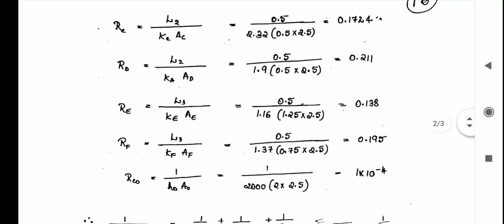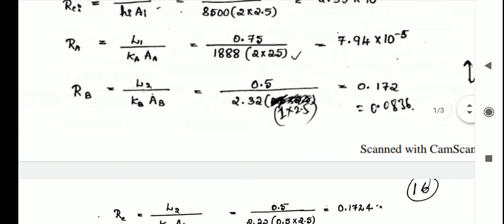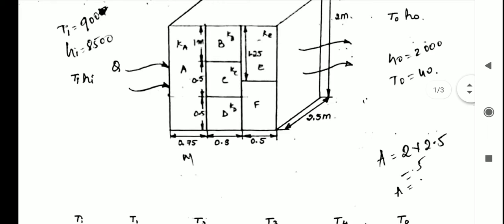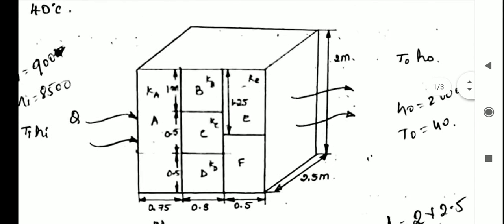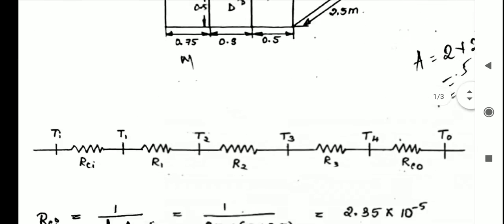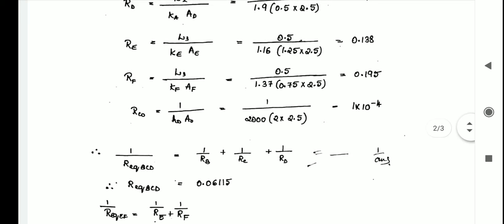And RF is LF divided by KF into AF, which is 0.5 divided by 1.37 into 0.75 into 2.5. For F, the entire length is 2, so 2 minus 1.25 gives 0.75. So RF is 0.195.